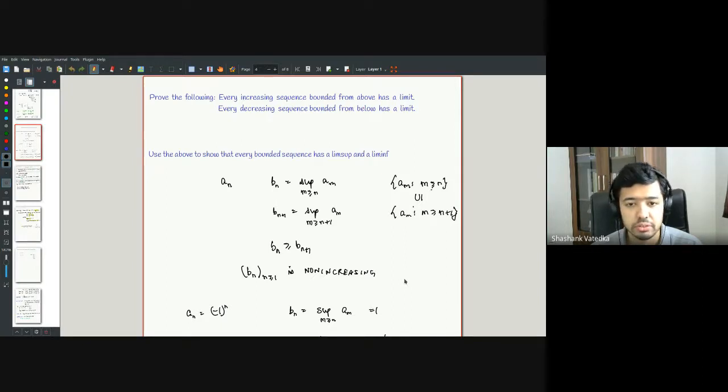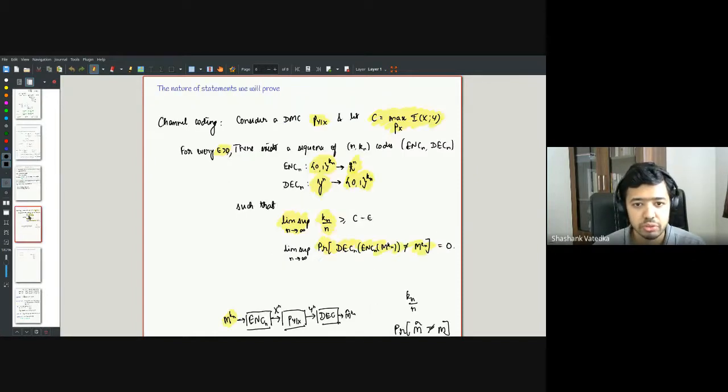In particular, we saw that not every sequence needs to have a limit, but every sequence always has a well-defined lim sup and a lim inf, and the kind of results that we want to show in information theory are that we want to design good codes such that the lim sup of the rate of our code is at least a certain amount, which is close to capacity or some notion of capacity, and the lim sup of the probability of error is equal to 0.